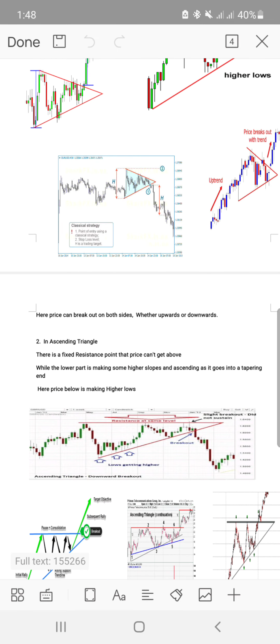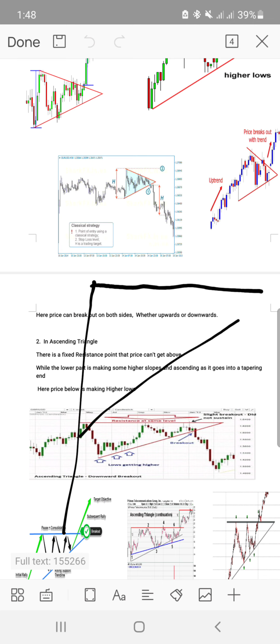Then for the ascending triangle, there is a fixed resistance point that price can't get above. Fixed in the sense that this is how an ascending triangle looks. Let's say price goes up, to a fixed straight line like this. So this is the fixed resistance.